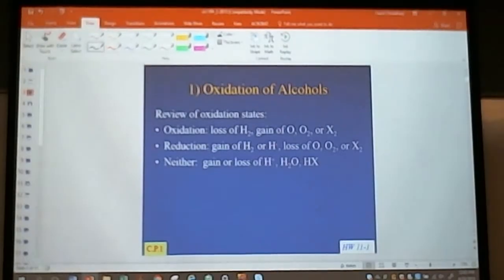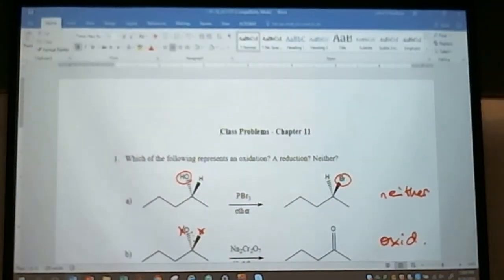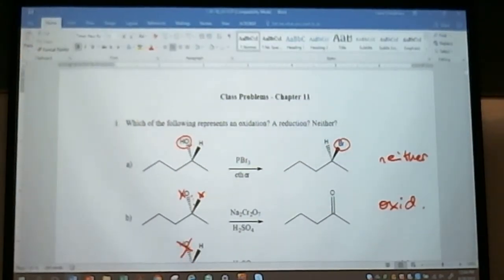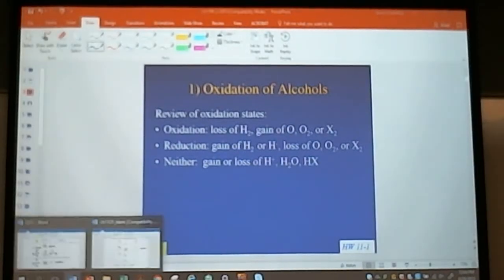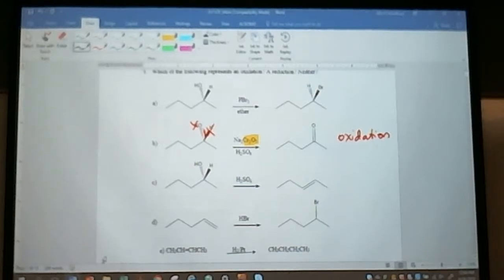So, we're working on the problem. So, here we removed hydrogen from the secondary alcohol to form the ketone. This is an oxidation. And we very quickly could recognize this from the oxidizing agent. Do you see a reducing agent here?